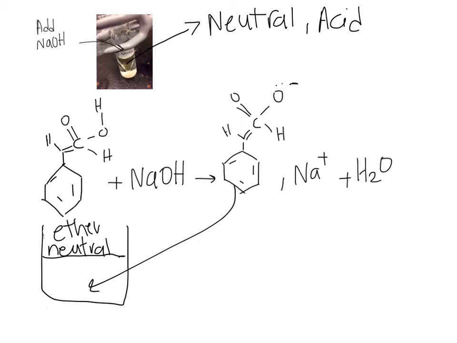So in my experiment, my unknown was tranexamic acid. And basically I added NaOH to my acid, and it reacted with my acid, and then I ended up getting a salt and water. And then once my salt dissolved in my aqueous layer, which is at the bottom right here, the next step, I will remove it, and then we'll see.